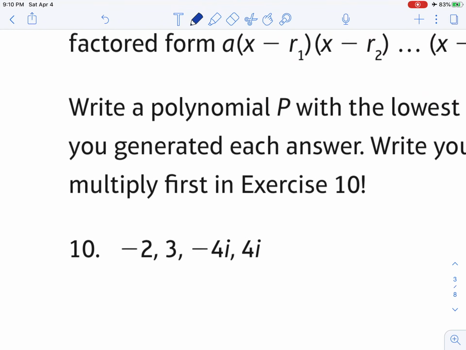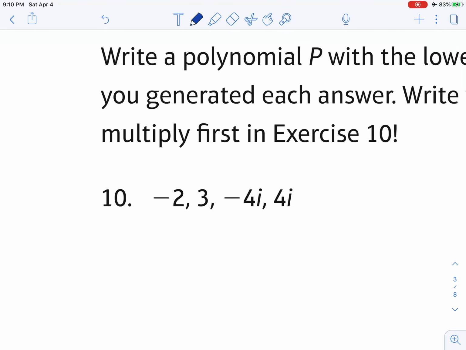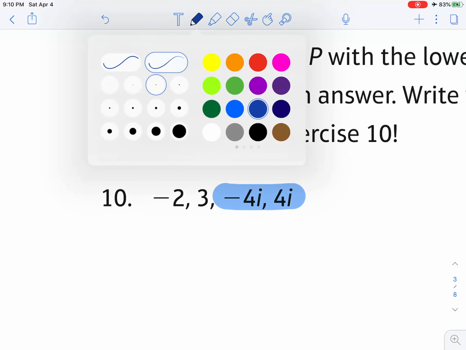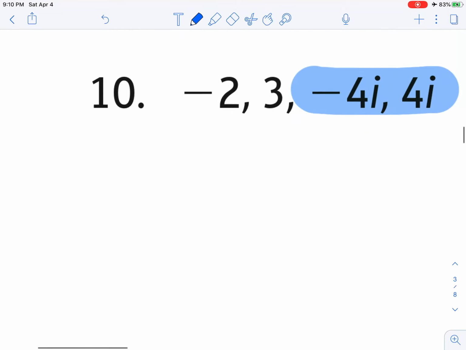Okay. Now, this is where our conjugates come into play. What we're trying to do is write an equation. And right now, do you notice how these are conjugates of each other? I want to use the lighter blue.